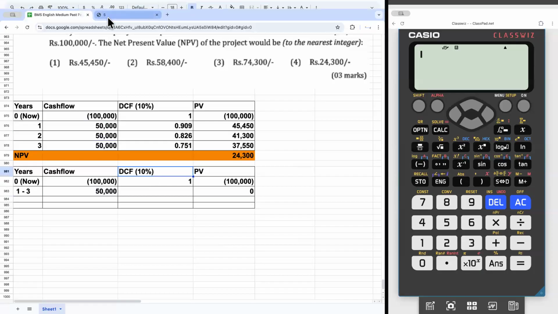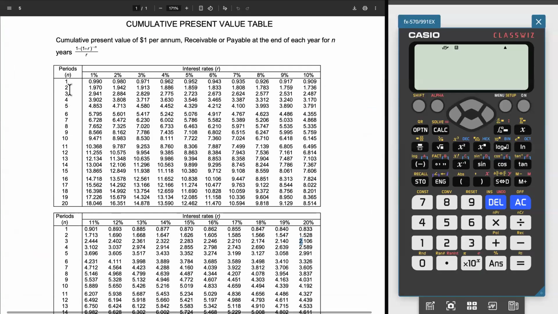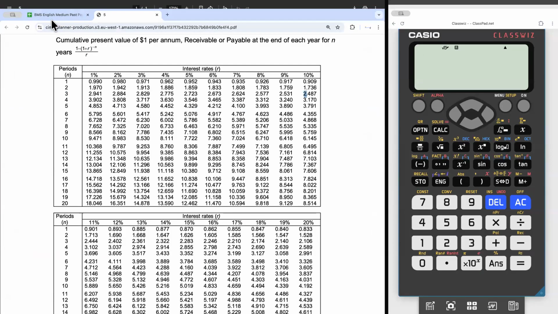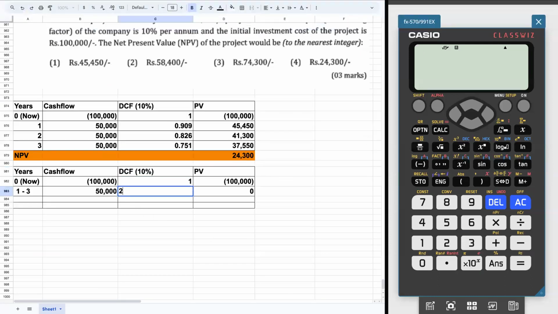So for a 3 years period at 10 percent, it's 2.487, right? If we multiply 50,000 into 2.487, this is going to be 124,350.